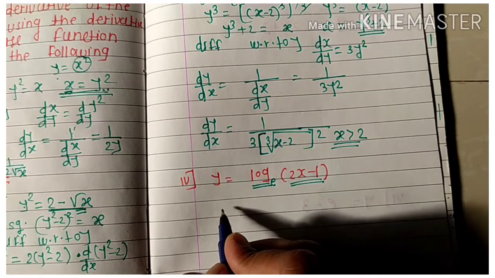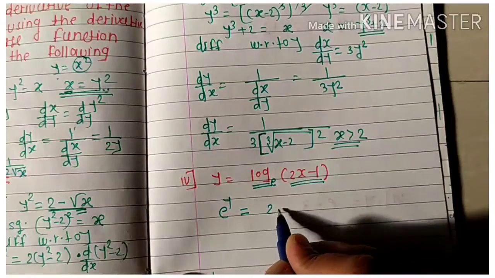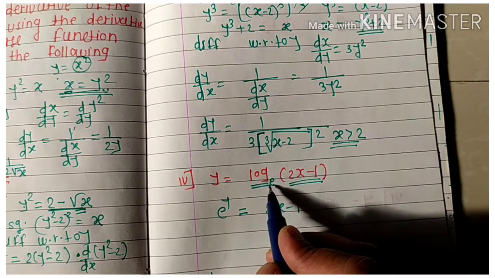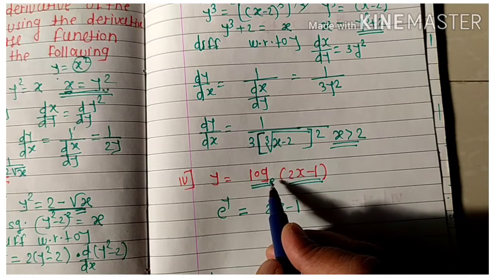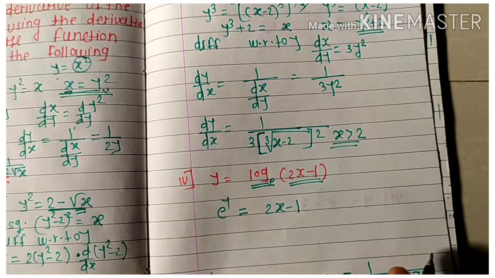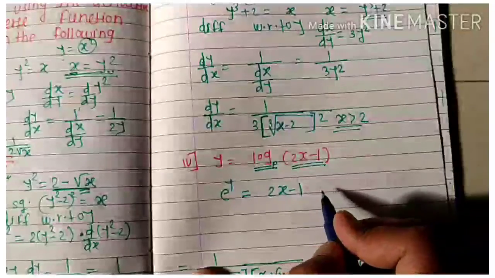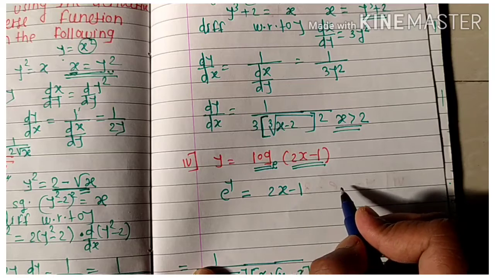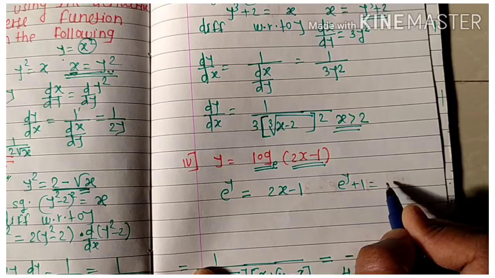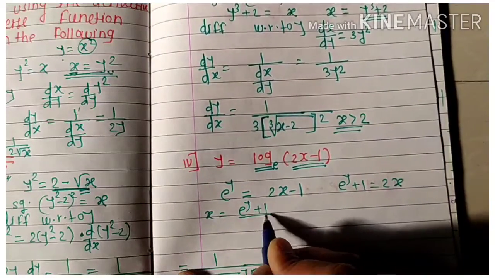So e raised to the power y is equal to 2x minus 1. Then express x in terms of y: transfer this minus 1 to the left hand side, e raised to y plus 1 is equal to 2x, so x is equal to e raised to y plus 1 divided by 2.